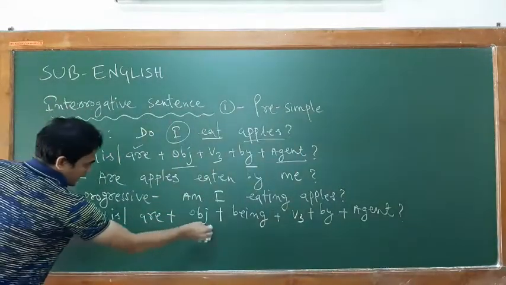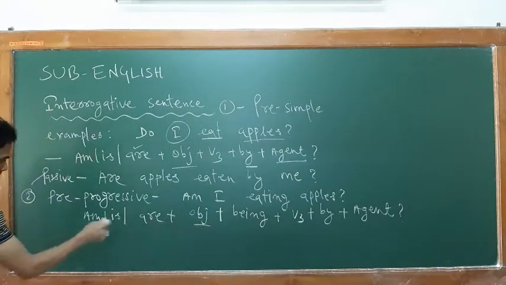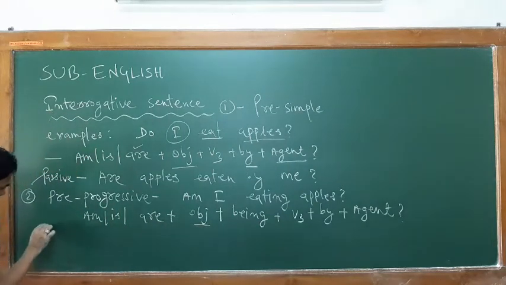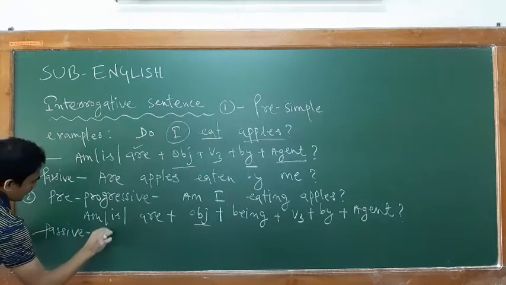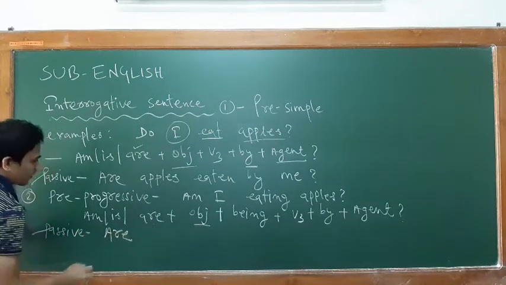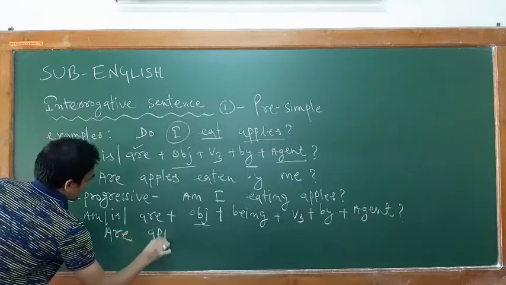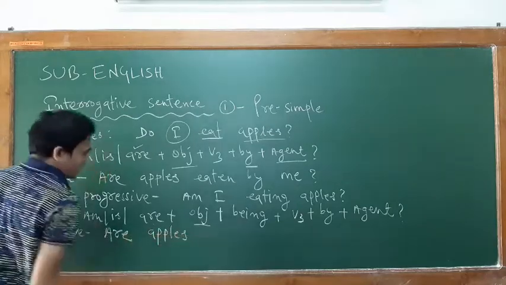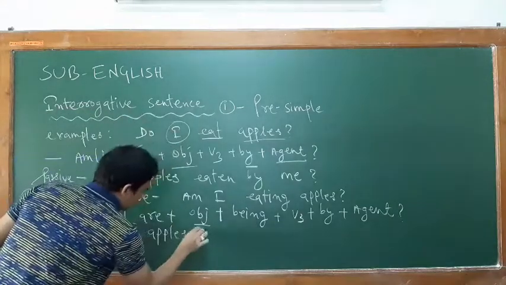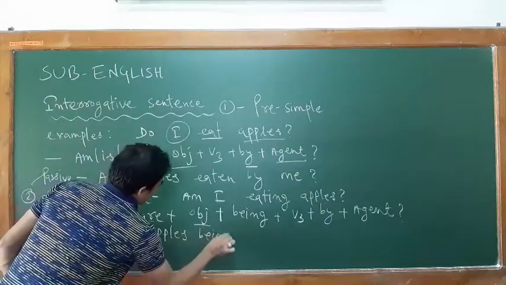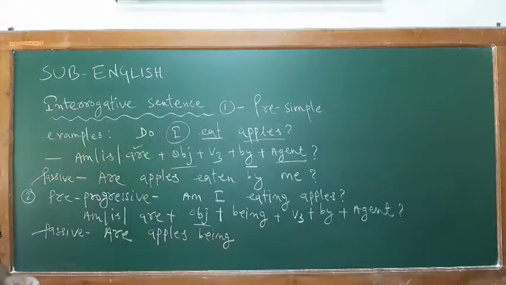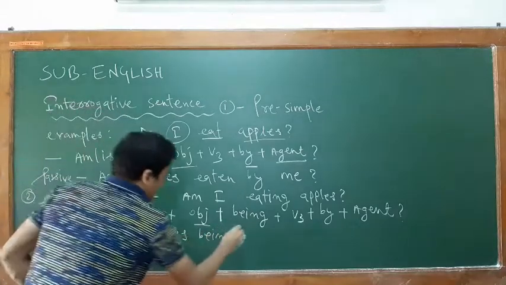So mark the object and select the helping verb here, apples. So of course, are to be selected while changing into passive. So, are apples, extra being. So this is the V3 of your be verb.